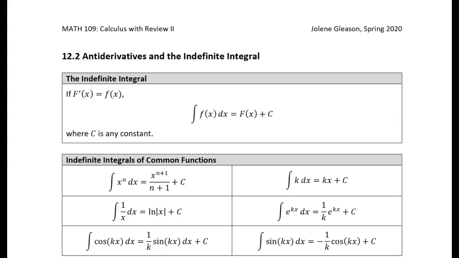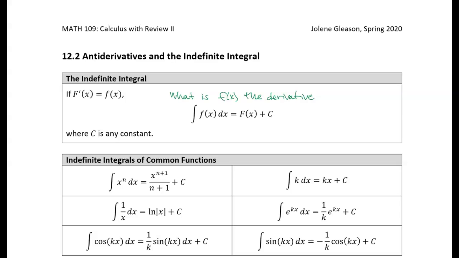It's called the indefinite integral, and this is the symbol that we use to indicate that we're asking for the antiderivative. So in this case, this particular antiderivative is just asking what is f of x the derivative of.